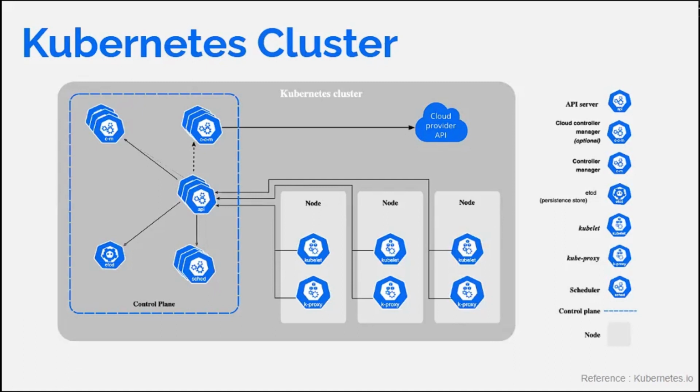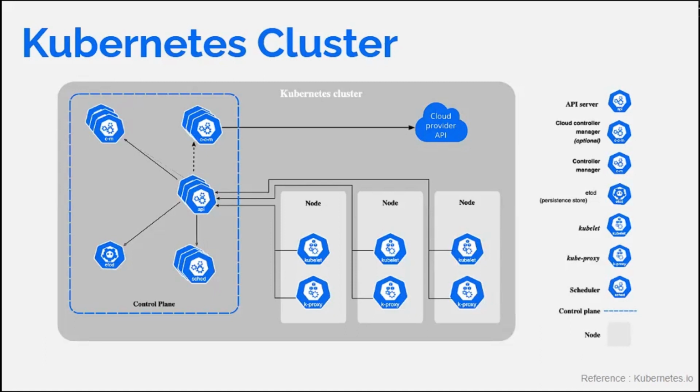A node pool is a collection of nodes which will be running on VMs. Just think of a node as a VM. It will be a pool which will be shared among the deployments. And the control plane will be the one who will be handling everything, managing the worker nodes.